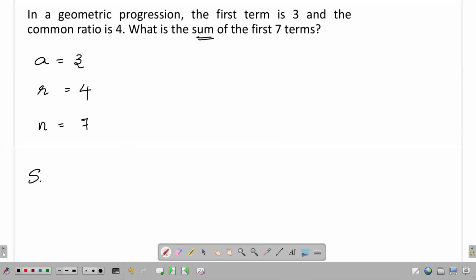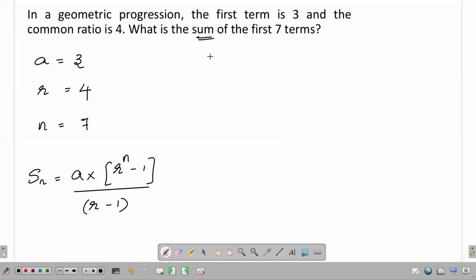Remember, the sum to n terms of a GP is given by a into r raised to n minus 1, divided by r minus 1. Okay, don't forget this.